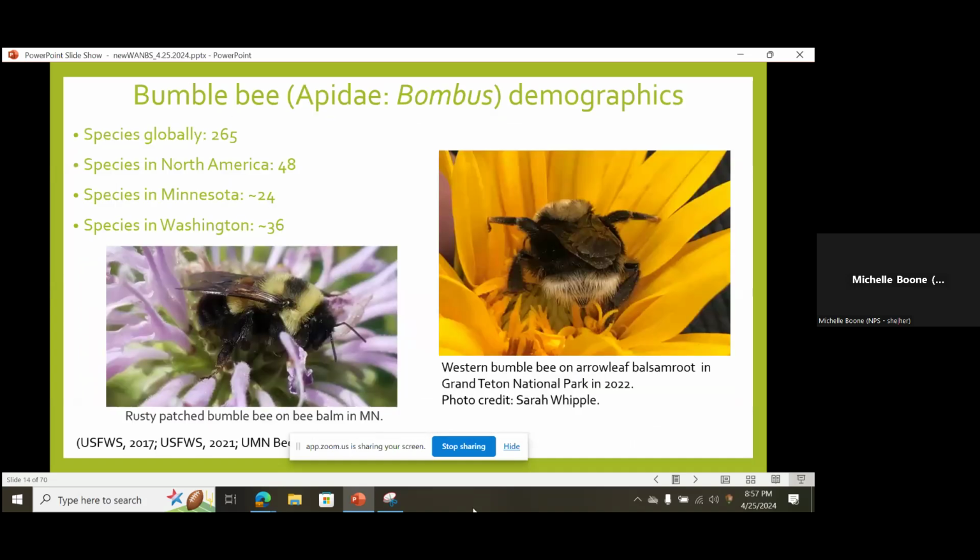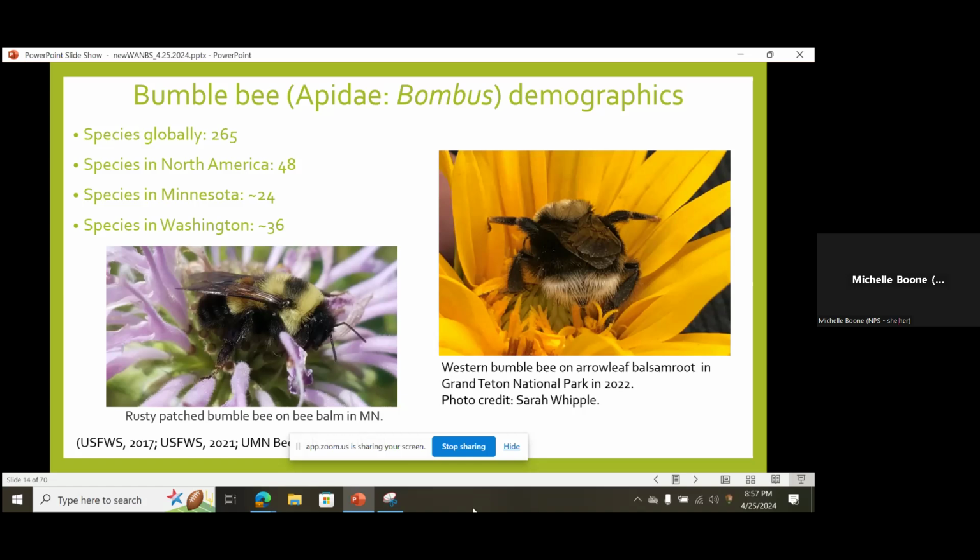And so just a little bit of bumblebee background. I was so excited to see all of the bumblebee images being shared, and now we can learn a little more about them. So globally, there's about 265 species of bumblebees. In North America, there's around 48. And you have more species out here in Washington than we do in Minnesota.